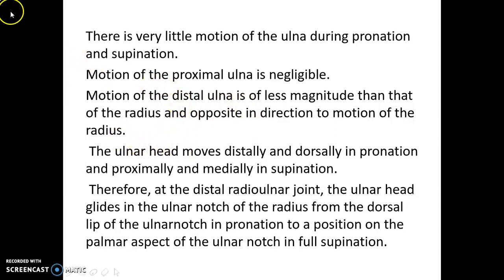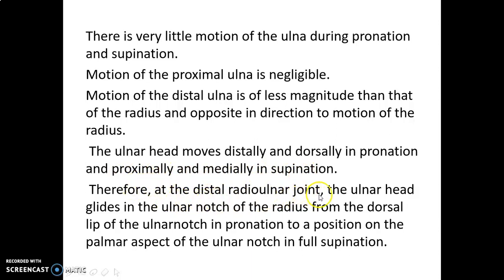The motion of the distal ulna is of less magnitude than that of the radius and opposite in direction to the motion of the radius. The ulnar head moves distally and dorsally in pronation and proximally and medially in supination.